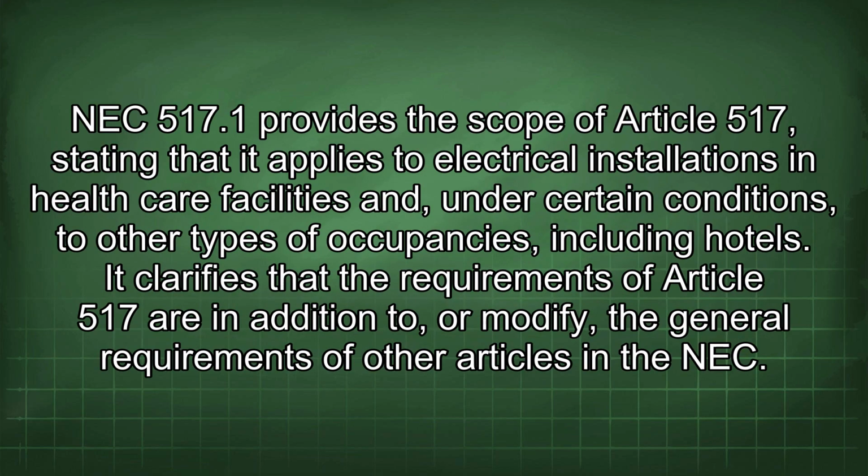NEC 517.1 provides the scope of Article 517, stating that it applies to electrical installations in healthcare facilities and, under certain conditions, to other types of occupancies, including hotels. It clarifies that the requirements of Article 517 are in addition to, or modify, the general requirements of other articles in NEC.